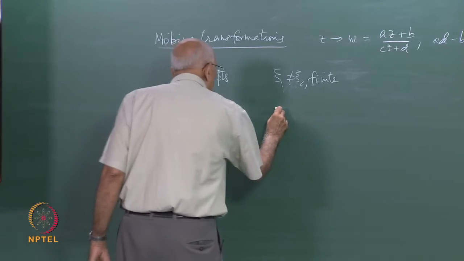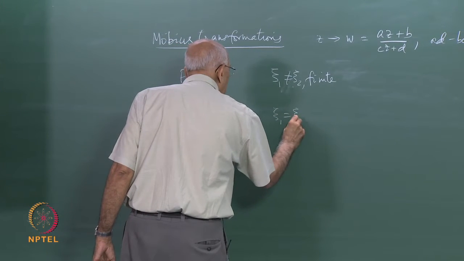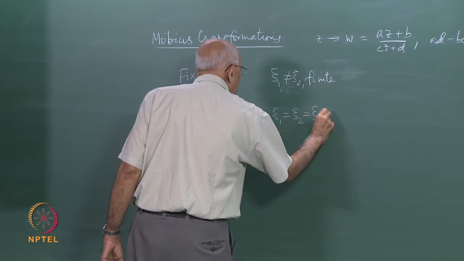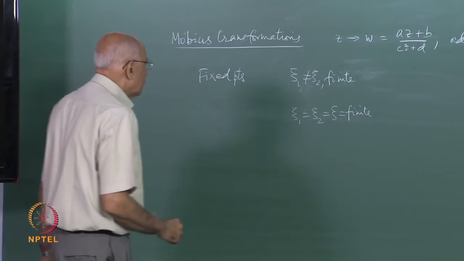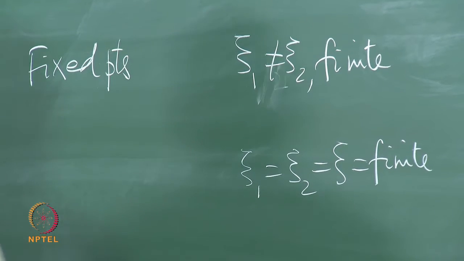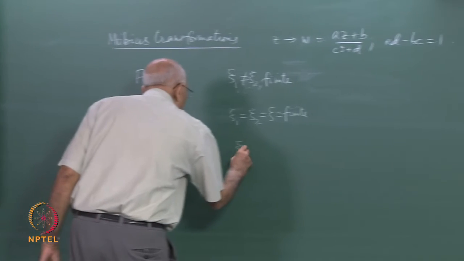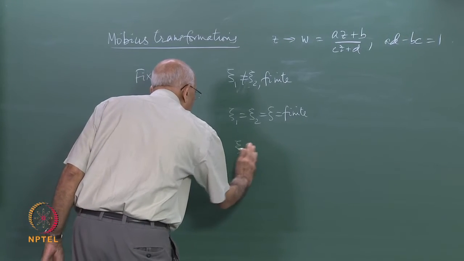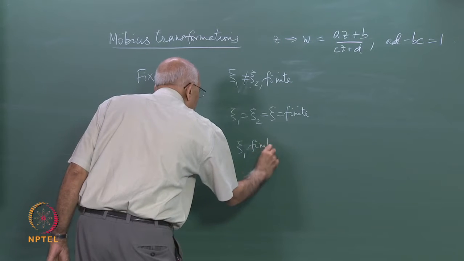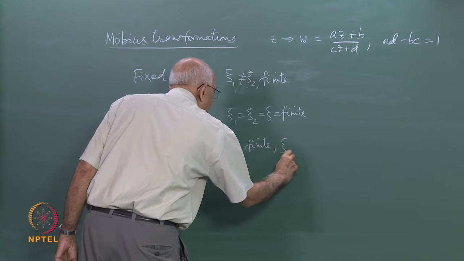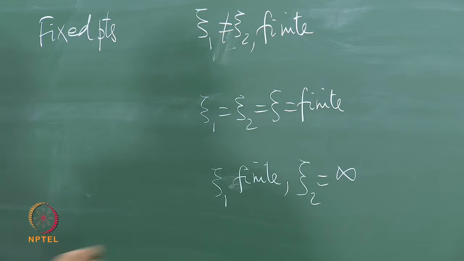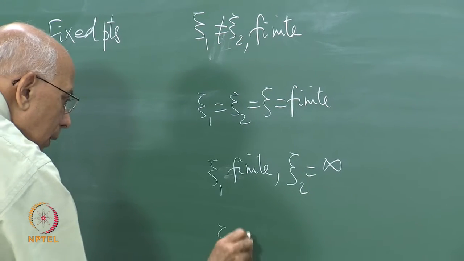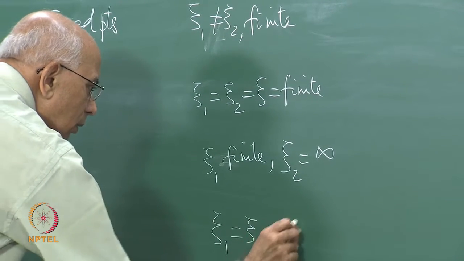whereas type 2 had xi 1 equal to xi 2 equal to xi also finite. Type 3 had xi 1 finite, xi 2 went off to infinity, and type 4 had xi 1 equal to xi 2 equal to infinity.